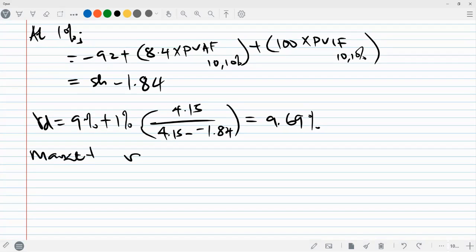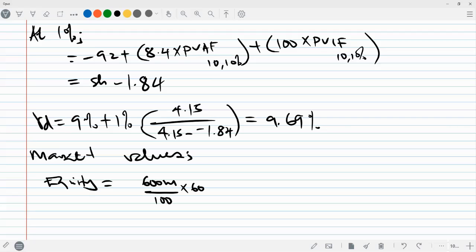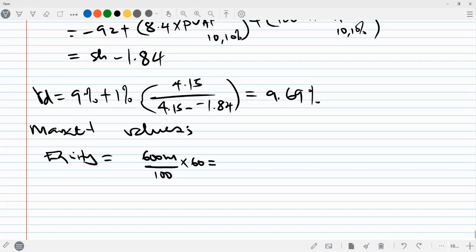We begin with equity. The market value of equity is the total nominal value of the shares of the company, 600 million, divided by the nominal value per share, 100, multiplied by the market value per share, 60.